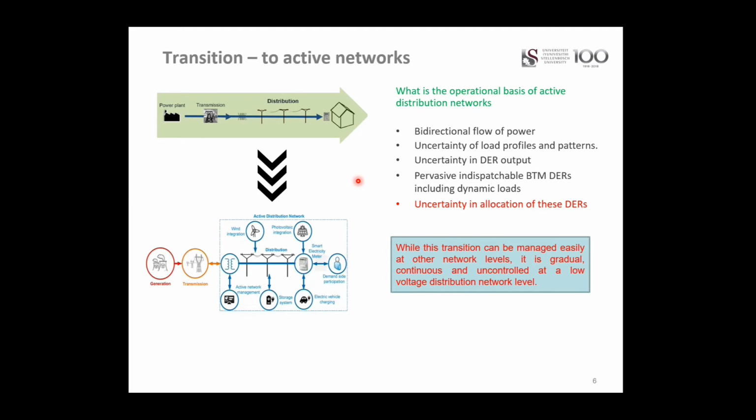So one of the key other aspects is uncertainty in allocation of these DERs. And the reason why it is highlighted in red is because the allocation problem is very pervasive on the low voltage distribution network, where you as the planner have no knowledge of the type, of the capacity, or the node and phase that the customer is going to connect that particular DER, or rather say DG, on your network.